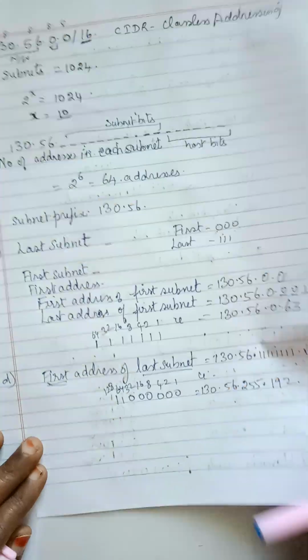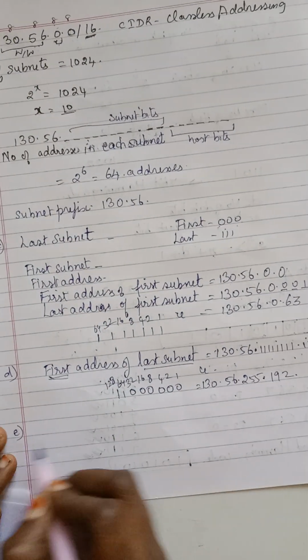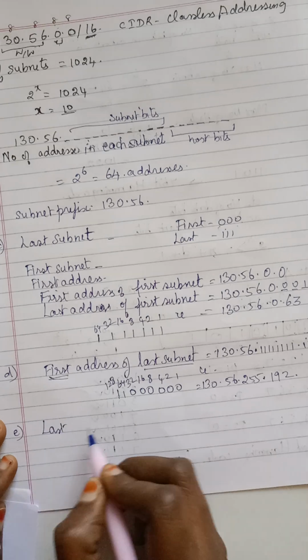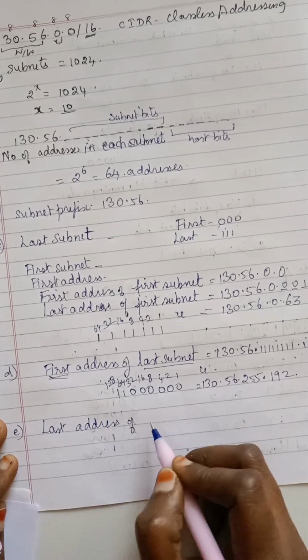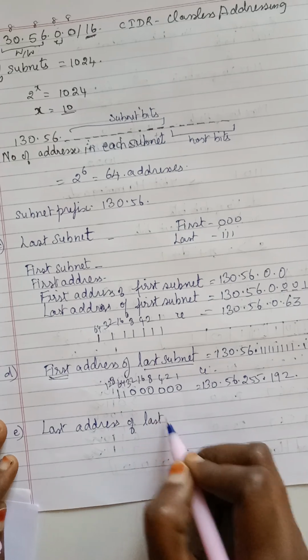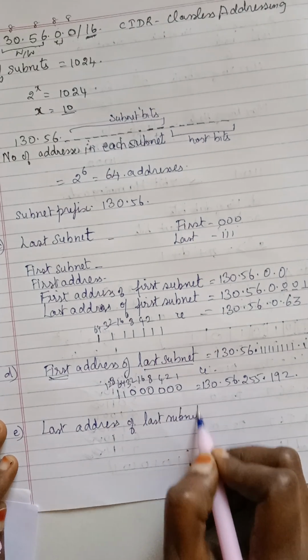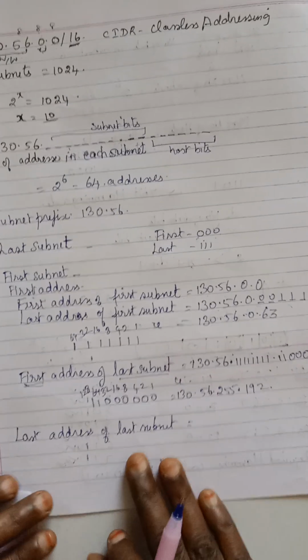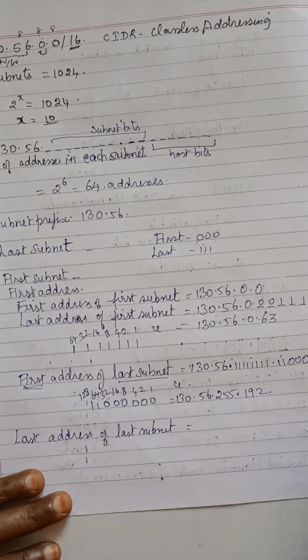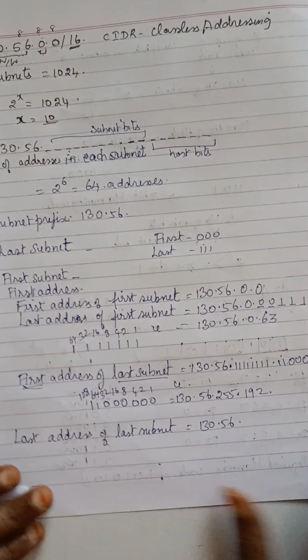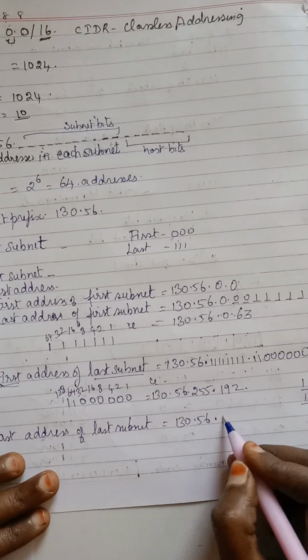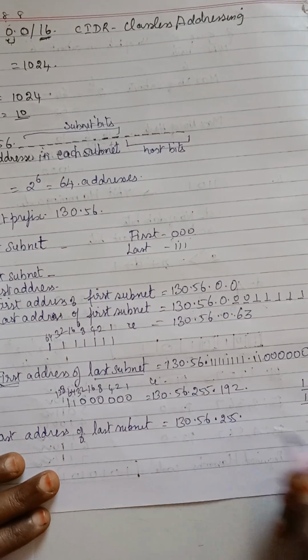Next, the last address of the last subnet. So what will the last address be? For the last address you have to put all ones. So 130.56 dot, this is all ones, so you can write directly as 255.